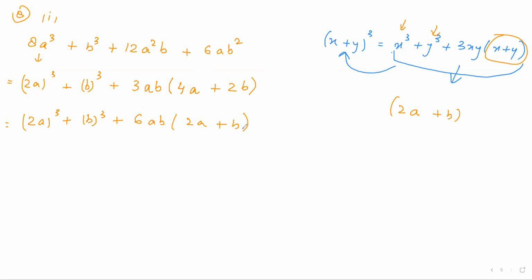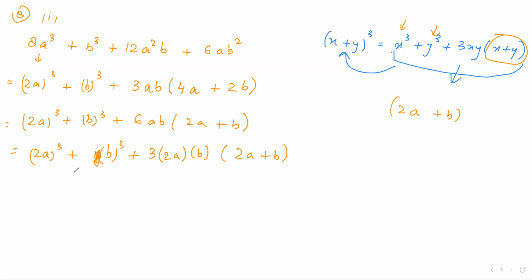right? Yes, ma'am. Okay. So it should be like this: x cube, right, plus y cube, sorry, which is actually b cube, plus 3xy. So 3 into your x, which is your 2a, and into your y, which is your b, and into x plus y, so 2a plus b.